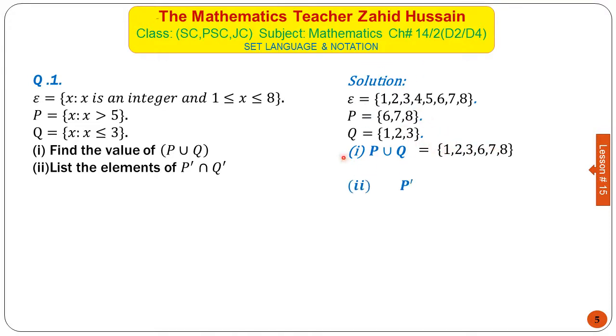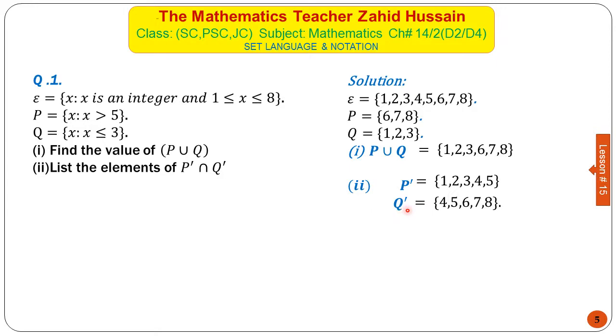Then to find P complement intersection Q complement, we will first find P complement. P complement is all the elements of the universal set which are not in P. So the elements of P complement are 1 2 3 4 5. Then we will find Q complement. Q complement means all the elements of the universal set which are not in Q. So except 1 2 3 which are in Q, we will write 4 5 6 7 8 which are the elements of Q complement.